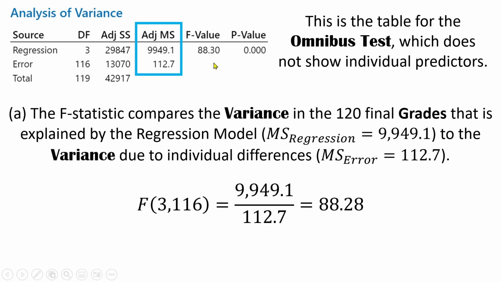So that's in agreement with the Minitab output. Notice that this F statistic has 2 degrees of freedom. The first degree of freedom corresponds to the number on top, which you can see from the table is 3. That's the degrees of freedom associated with the regression. And the second degrees of freedom is that associated with the error, 116, as you can see from the table.